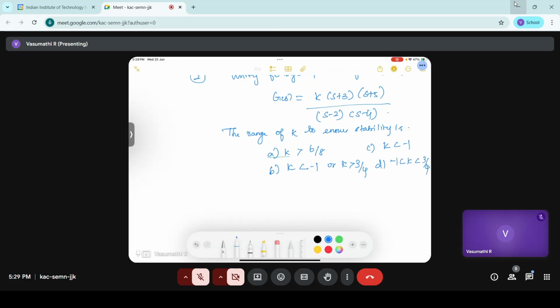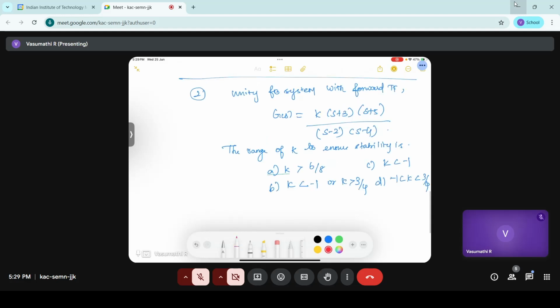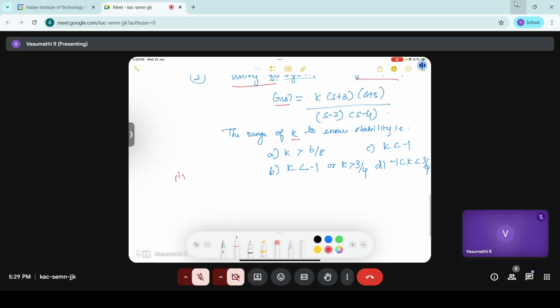Can you solve this problem? Same problem. They have given the forward transfer function, that is only G of s, and they have given that it's a unity feedback system and ask you to find the k value to ensure stability. So step 1 is find the closed loop transfer function. Step 2, write it in terms of the characteristic equation.